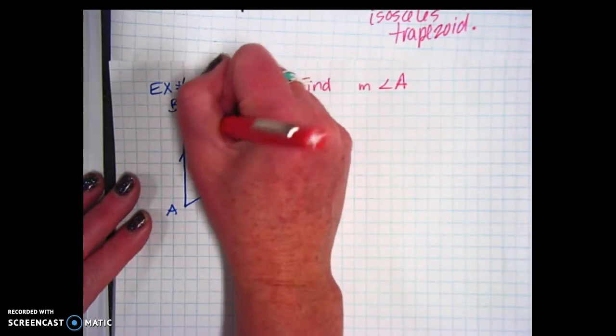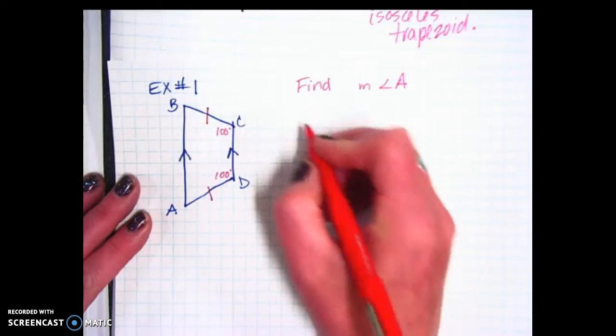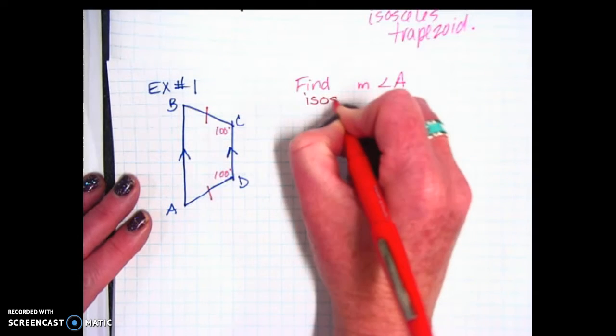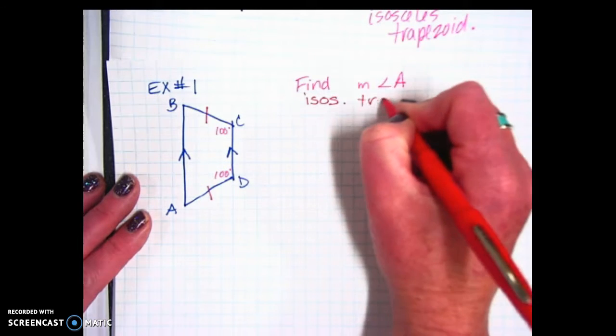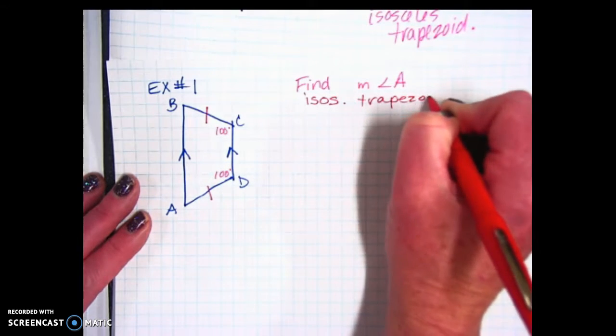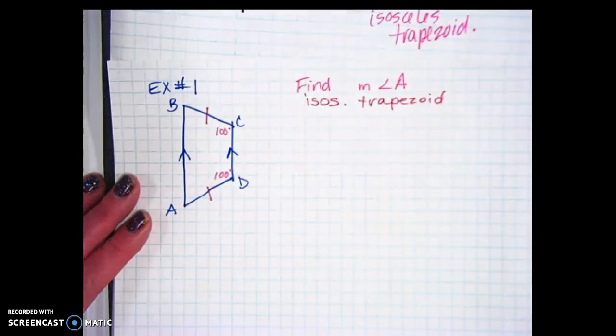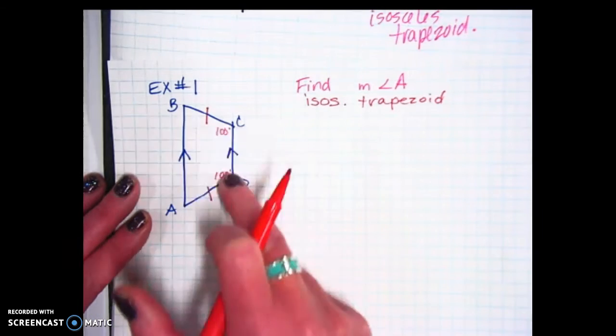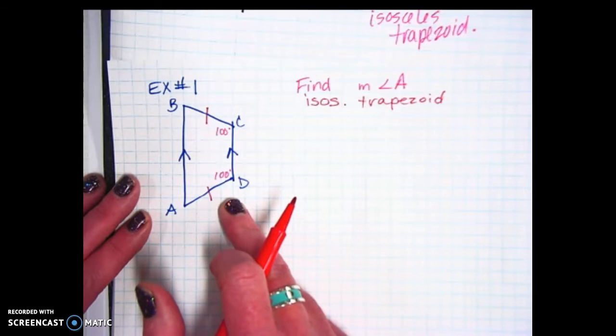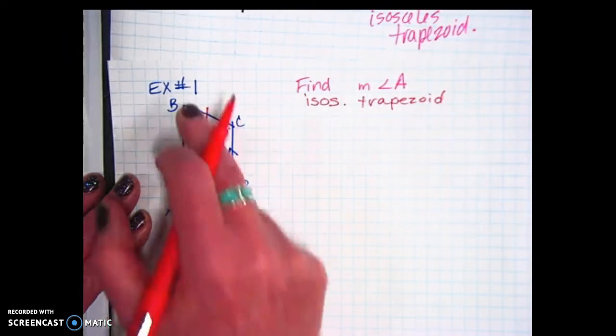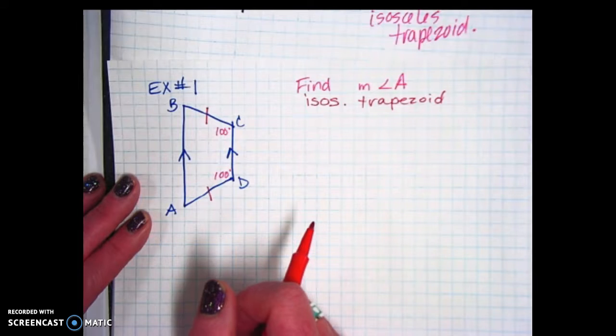Isosceles. So we're going to put a tick mark here and a tick mark here, which means that it is for sure an isosceles trapezoid. And if we have one pair of base angles congruent, then guess what? Our other pair of base angles are congruent.